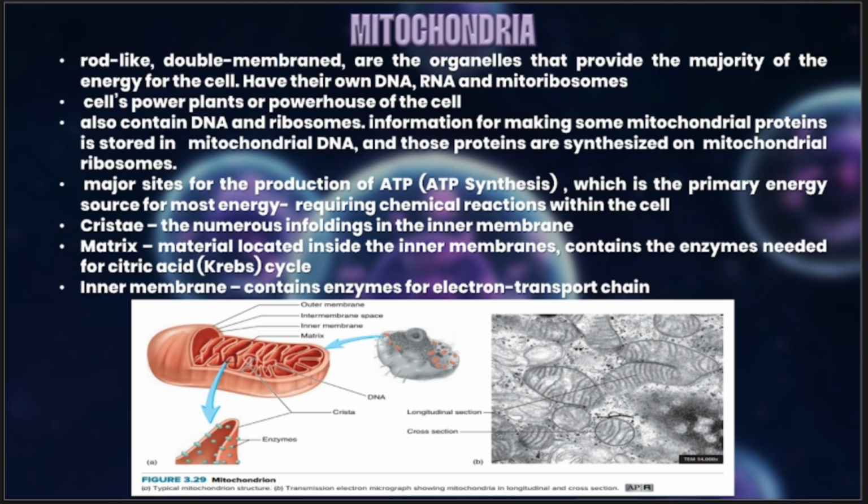Aside from that, the genetic material. These organelles, your mitochondria and your chloroplast, contain their own circular DNA, which is quite similar to bacterial DNA. They also have their own ribosomes, which are similar to bacterial ribosomes rather than eukaryotic ribosomes.